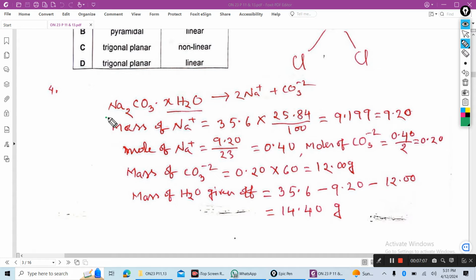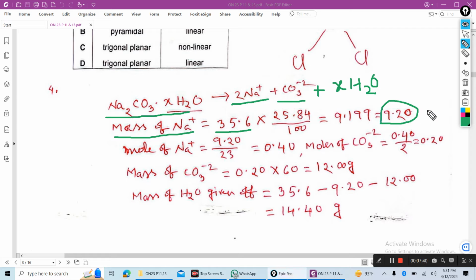First, hydrated sodium carbonate contains 2 sodium ions and a carbonate ion plus x mole water. Now you see the mass of sodium ion. The total mass is 35.6 gram, and sodium contains 25.84%, because the percentage is given here. So 25.84% of 35.6 will be 9.20 gram.